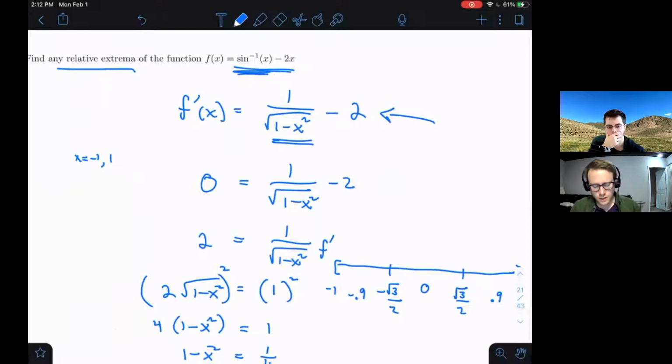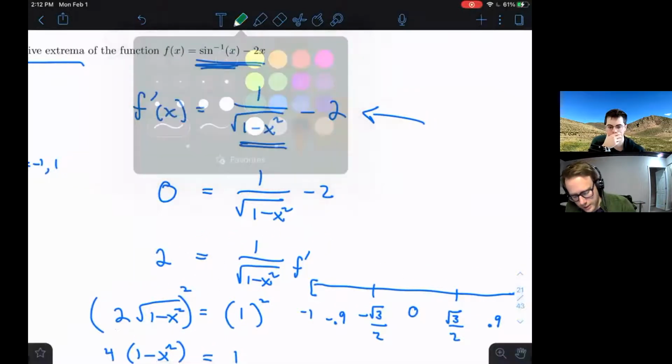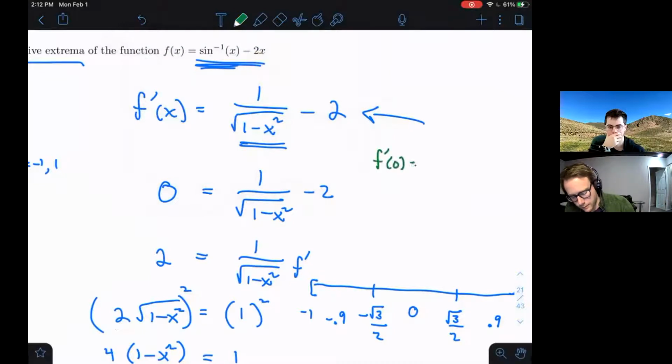So f prime of 0, I get 1 divided by √1 minus 2. We can plug it into our calculator, or you can do a little bit of simplifying, and you can see that this ends up being negative.